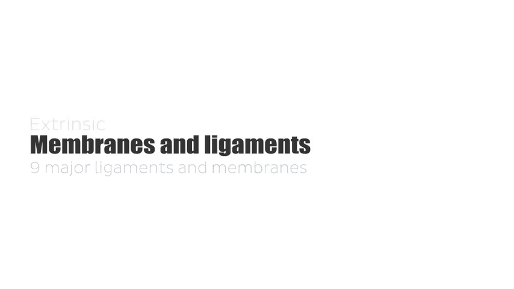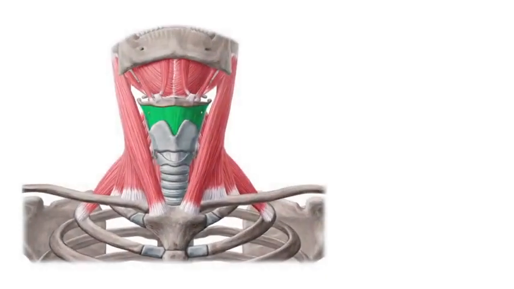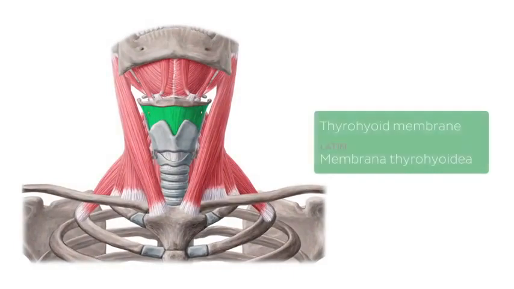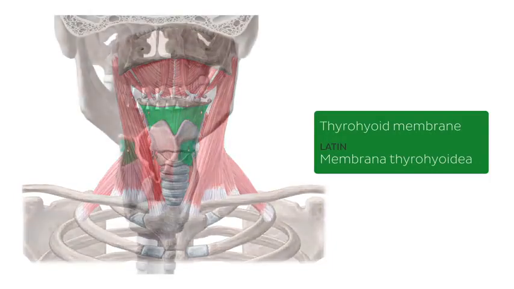We're going to start off with extrinsic. First on our list is the one we've been talking about throughout this tutorial, especially when we talk about the thyroid cartilage, the thyrohyoid membrane, which is the membrane stretching between the superior border of the thyroid cartilage all the way to the hyoid bone.